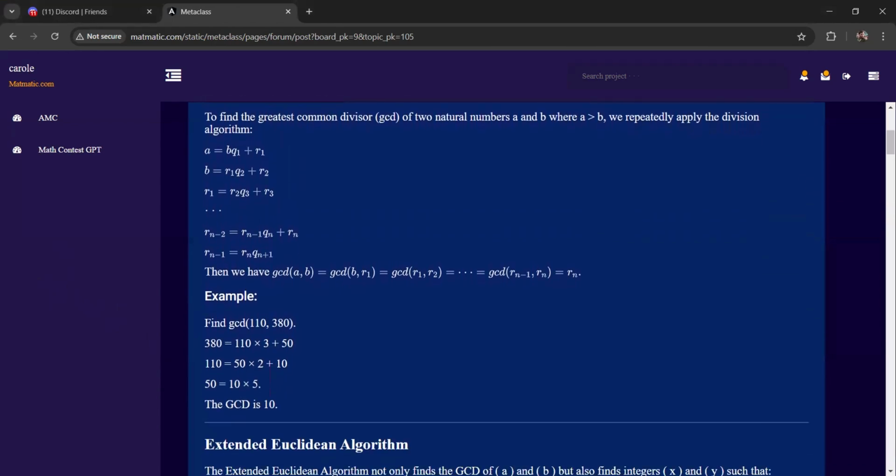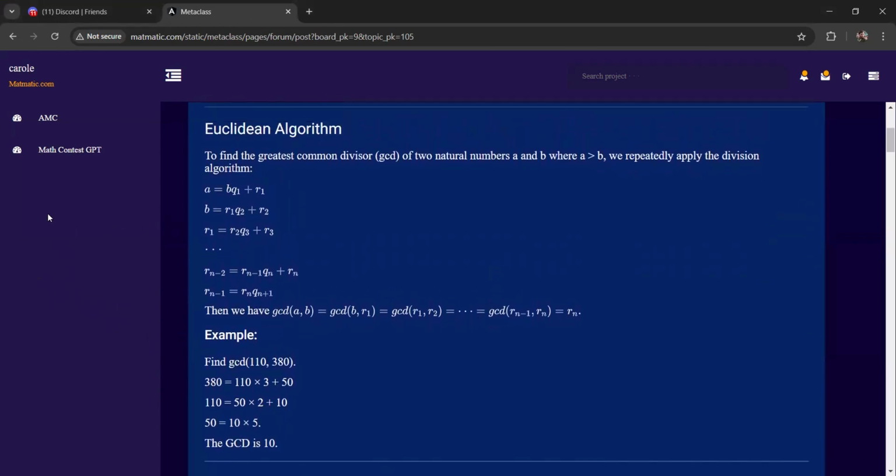So here we have an example. It tells us to find the GCD of 110 and 380. So as you can see here, we can start off with 380, which equals 110 times 3 plus 50.